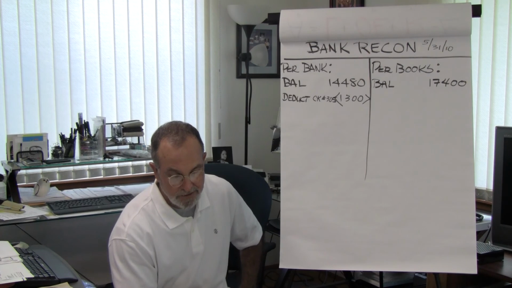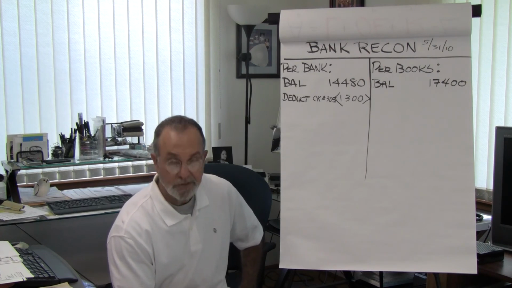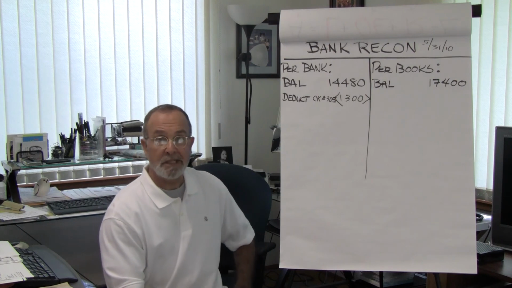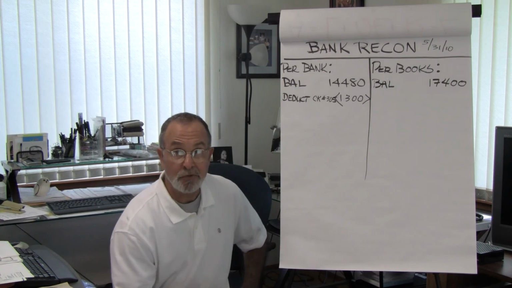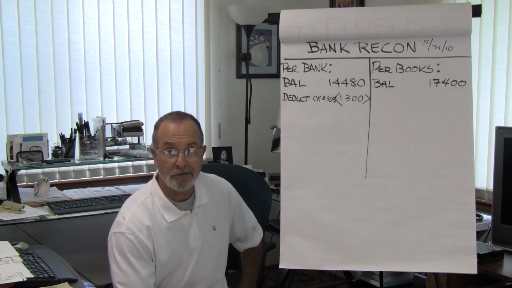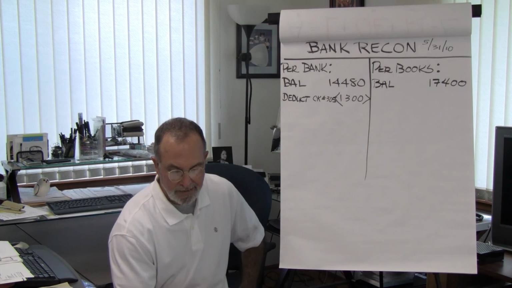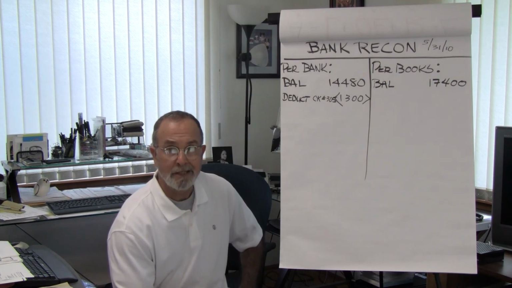And we see a deposit on May 8th on the bank statement, and that was entered into our books on May 7th. But the deposit on May 29, according to our cash ledger, we had a deposit of $4,000 on May 29. That does not show up on our May bank statement. So that's a deposit in transit.